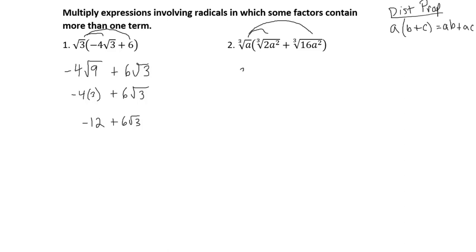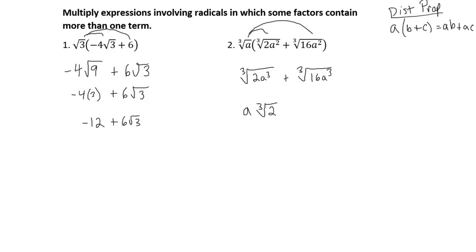So this becomes the cube root of 2a to the third plus the cube root of 16a to the third. As you multiply that in, the a comes out because 3 divided by 3 is 1, so that's the cube root of 2.